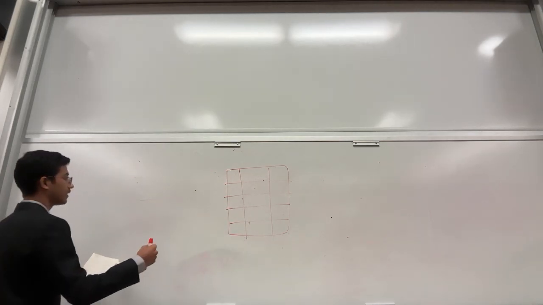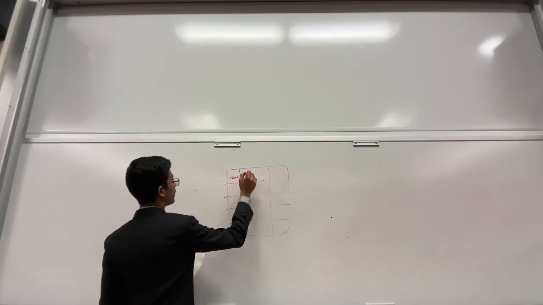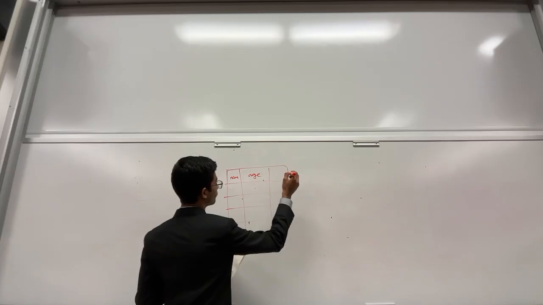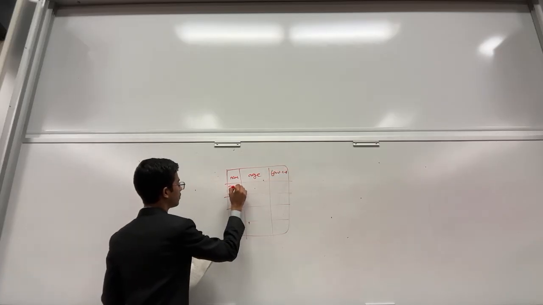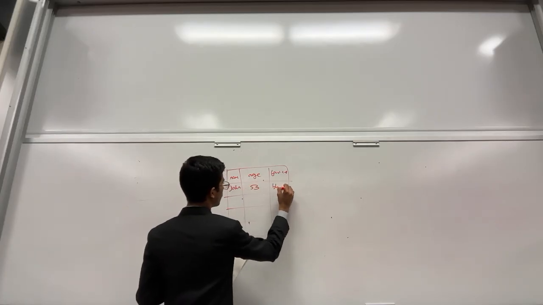So what I'm saying is, let's say I have some data: name, age, and favorite color. So let's say I have John, aged 53, and the favorite color is blue.